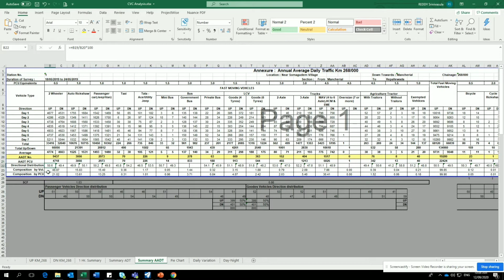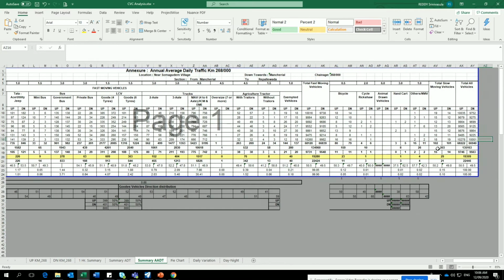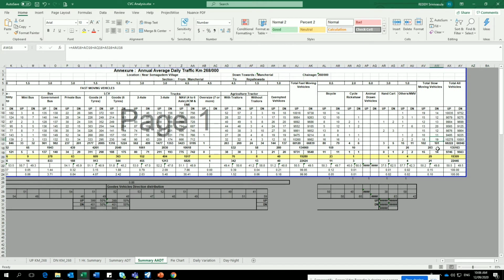Similarly for the directional distribution, there is nothing hard; you only have to multiply with the seasonal correction factor. That's it. So now we got the ADT values. We used the same sheet; the only difference is that the seasonal correction factor is applied.